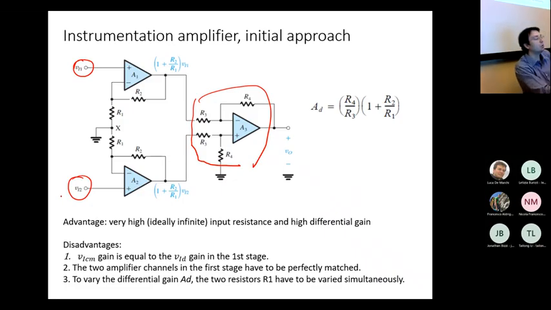By doing so, we have two main advantages. First of all, as you may remember, the input impedance of op-amps is typically very large, so we have a nice effect in terms of source load.